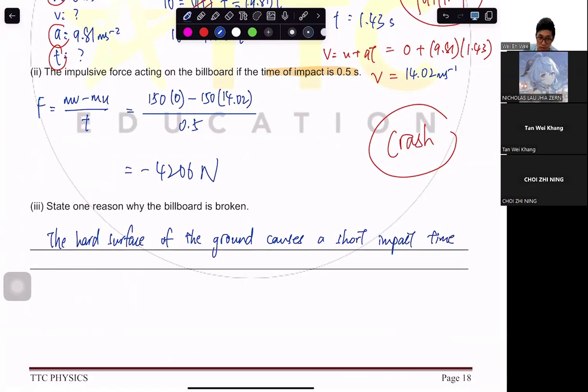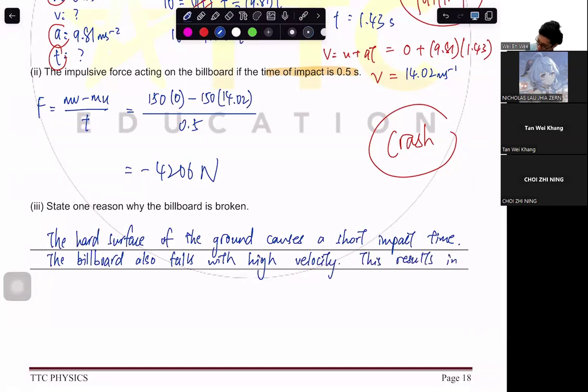The billboard also falls with high velocity. This results in a high impulsive force.